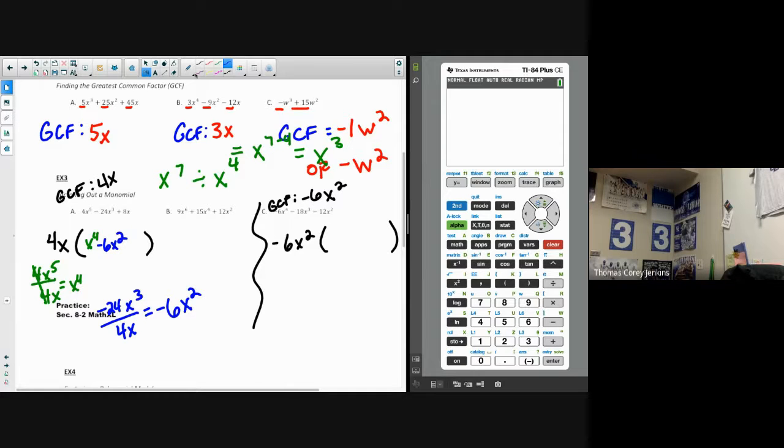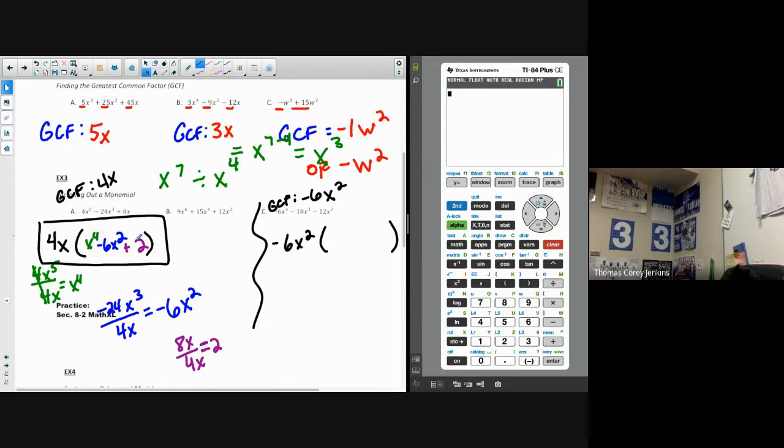And then our last term is whatever 8x divided by 4x is. 8 over 4 is 2. X divided by x would be just 1, so 2 times 1. Or you can think 1 minus 1 is 0, so you get just 2. My last term would be plus 2. So final answer here: 4x times the quantity x to the 4th minus 6x squared plus 2.